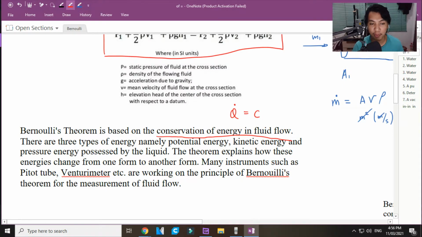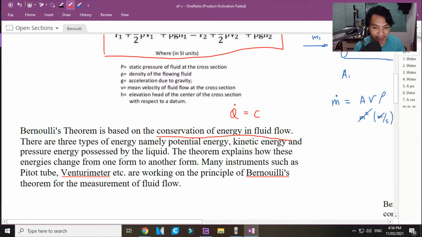There are three types of energy: first, potential, which I already said; kinetic, which I derived; and then the pressure energy, which I derived using our hydrostatic force, and the area of the cross-section from our previous meetings. Simply, the theorem explains how these energies change from one form to another. I told you, the law of thermodynamics.